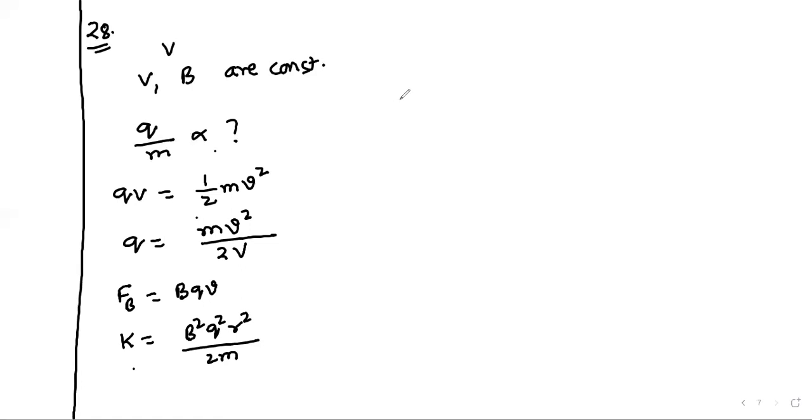So it is 2mK equals B square q square r square. Radius, they gave it as r.